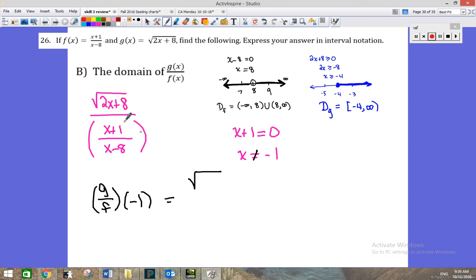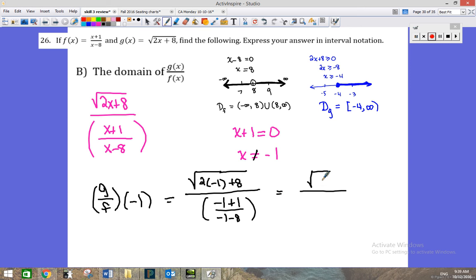Well, 2 times -1, that's fine because we're adding 8 to it. So that's the square root of 6. And over here, I have -1 plus 1, and here, -1 minus 8. So in the numerator, I have the square root of 6. In the denominator, I have 0 divided by a negative, not 7, -9. But it doesn't matter.